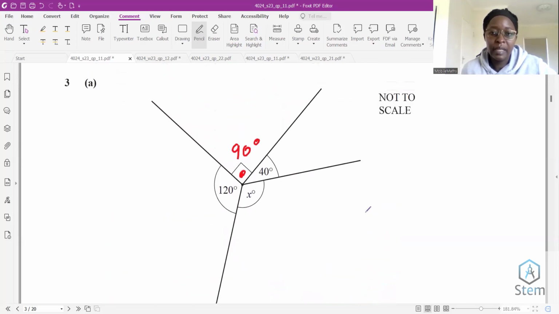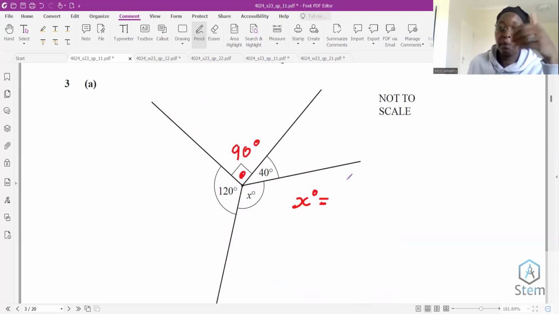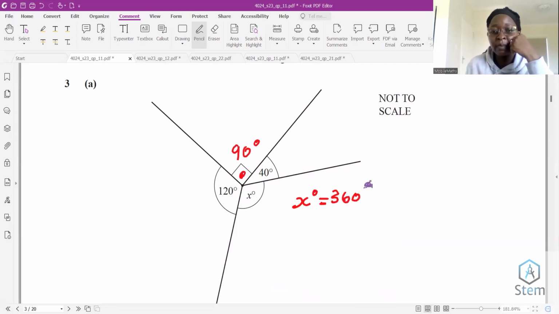So to get x, we are going to say x degrees is equal to, angles at a point add up to 360 degrees, so 360 degrees minus 90 degrees minus 40 degrees minus 120 degrees.